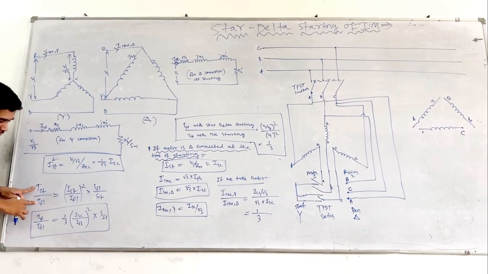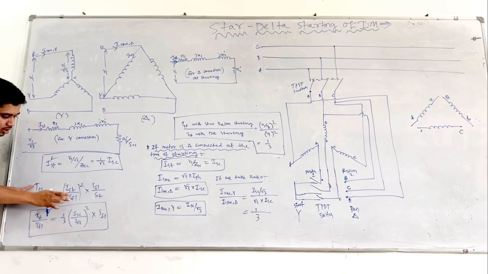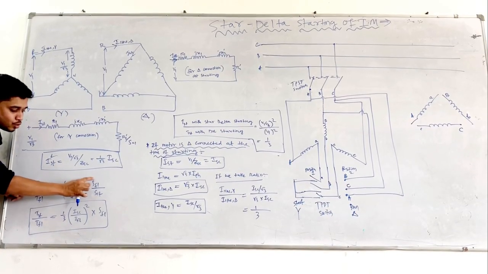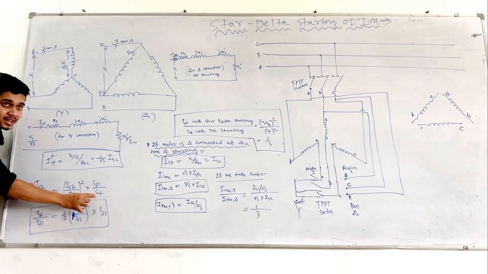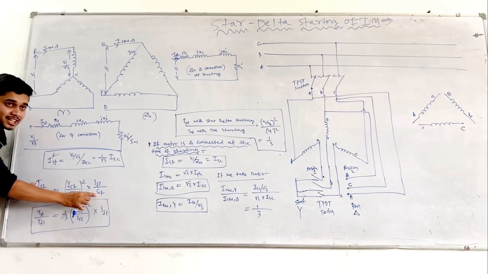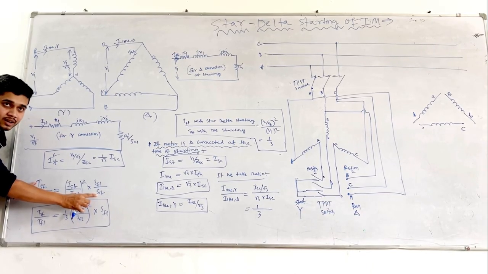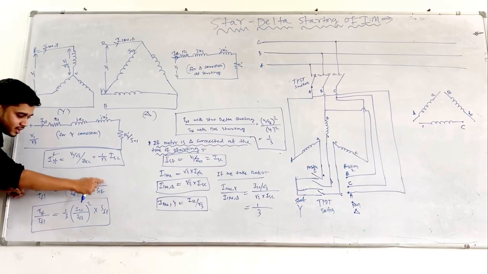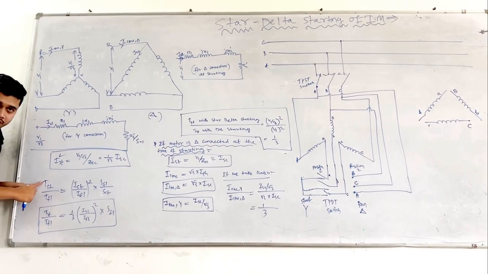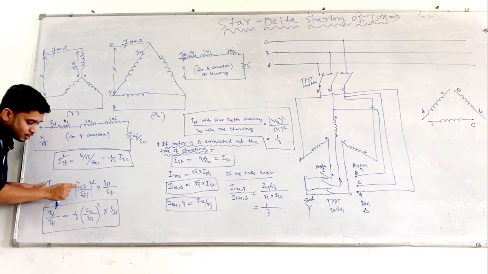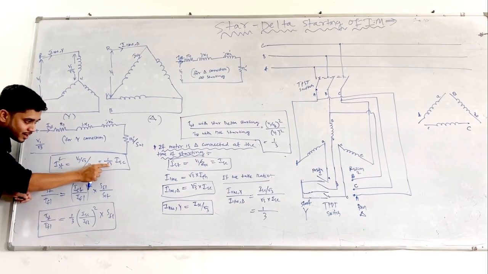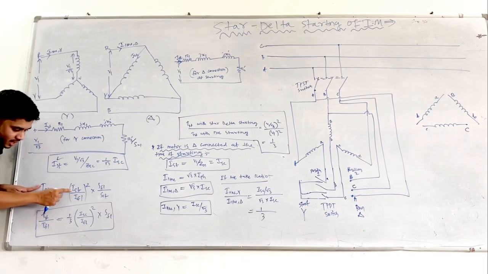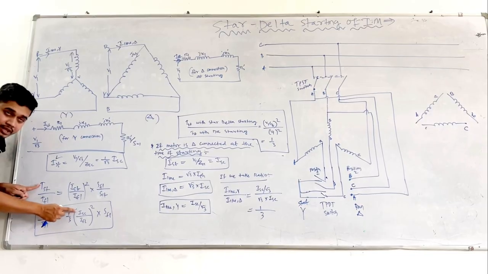Starting torque to full load torque is equal to starting current to full load current whole square into full load slip by starting slip. Starting slip is 1. So this is a very popular formula. In this formula your starting current is 1 by root 3 into ISC, so I can replace starting current by 1 by root 3 into ISC.